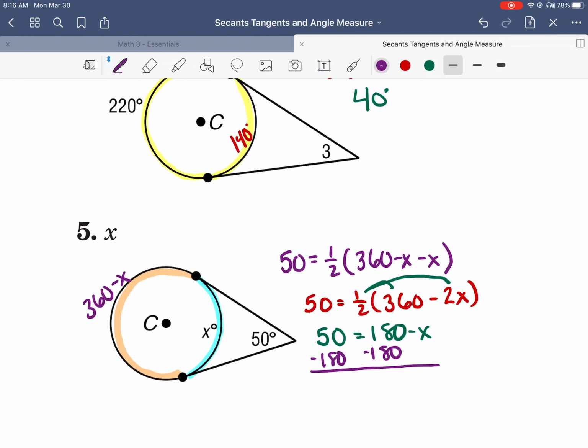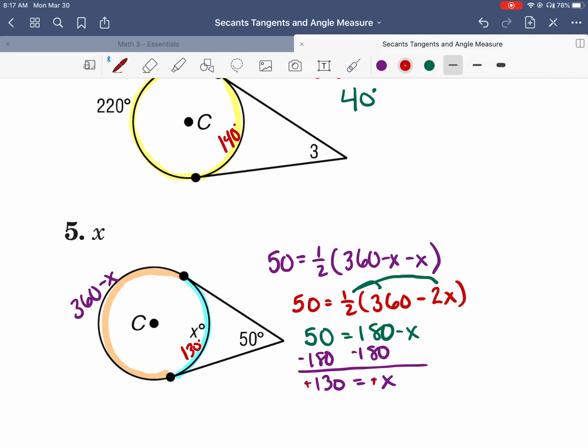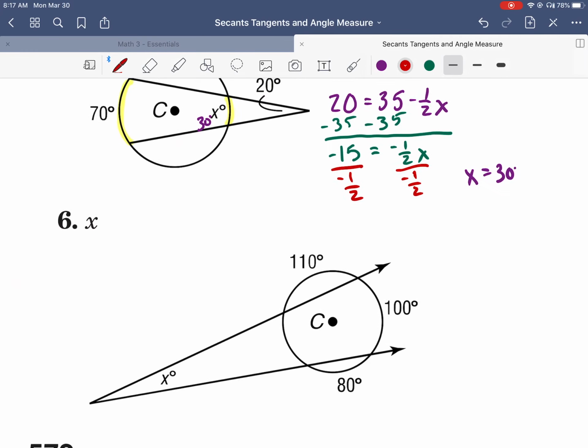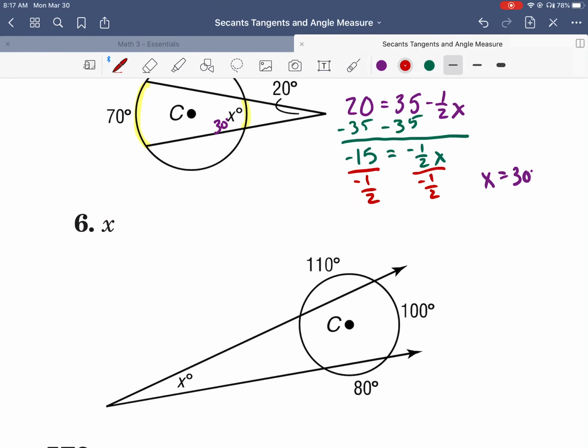Negative 130 equals negative x. Of course, we don't want negatives. We're going to change both of our signs, and x equals 130. Okay. If you want to, check it. This would be 230. Does half of 230 minus 130 equal 50? And it does.